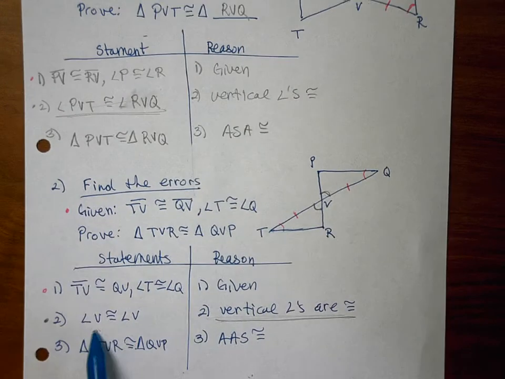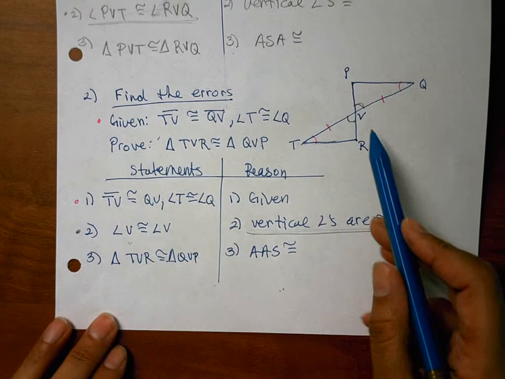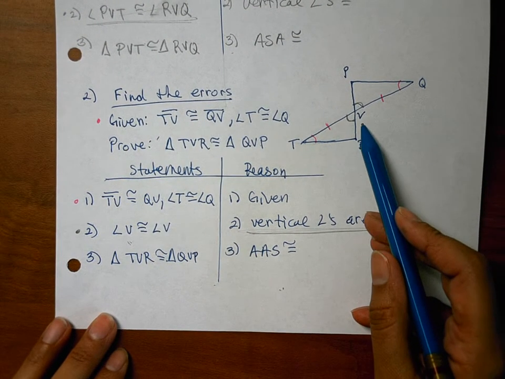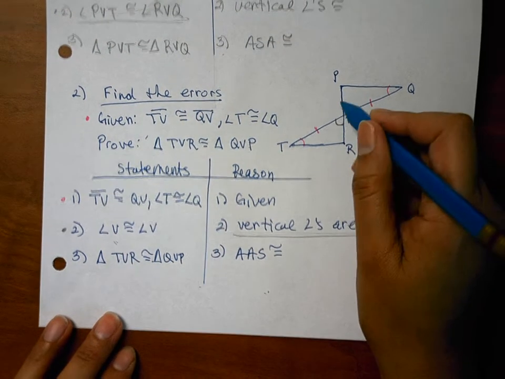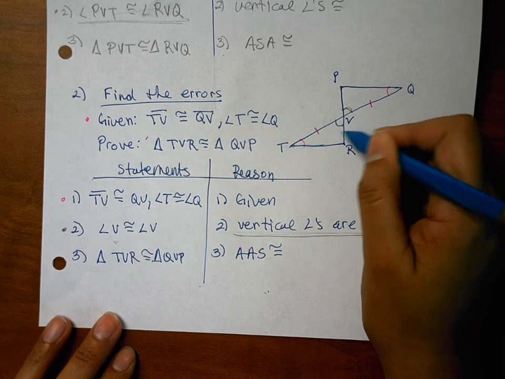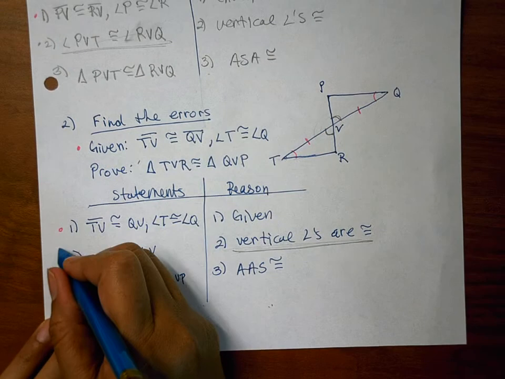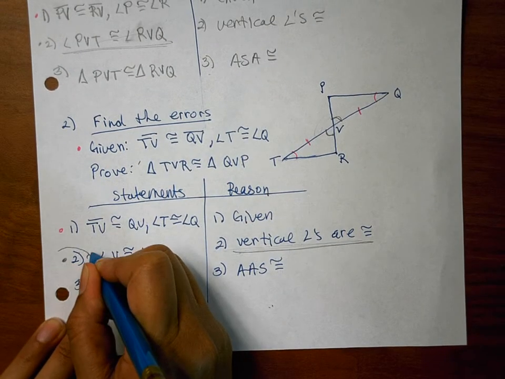But do you see the mistake right here? I previously said on number 1, you cannot use just one letter. You cannot call that angle V as congruent to angle V, because it could be this angle out here or any number of these 4 angles in this corner. So that's one mistake. We'll see if there's any more.